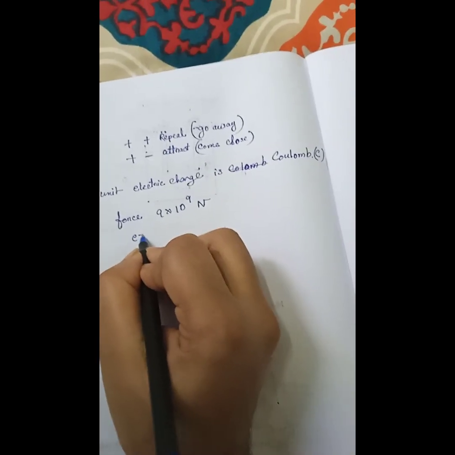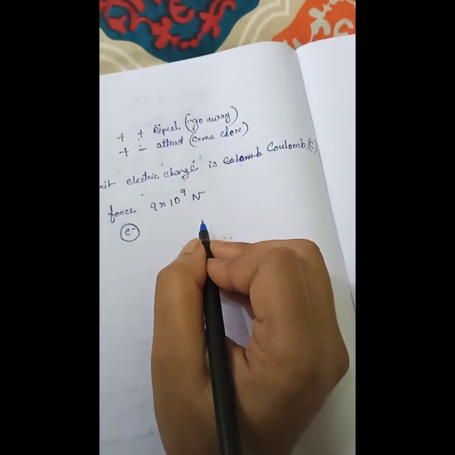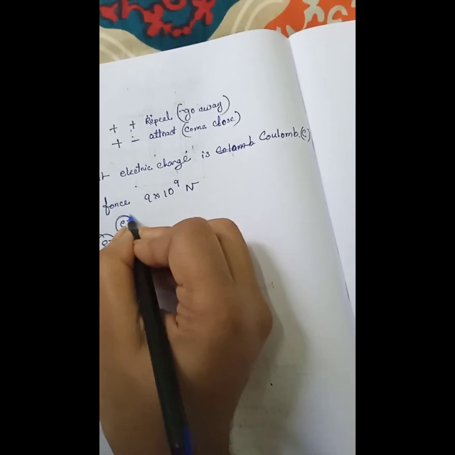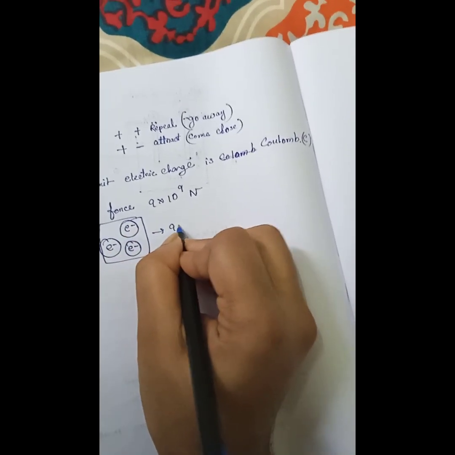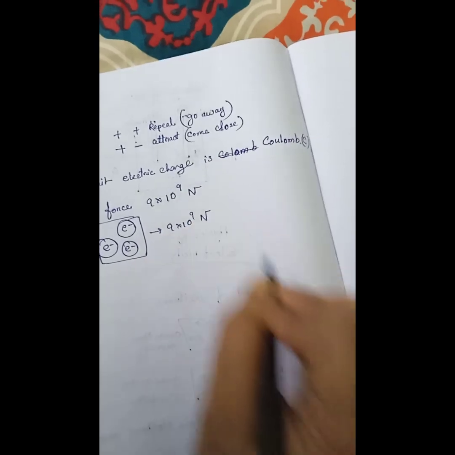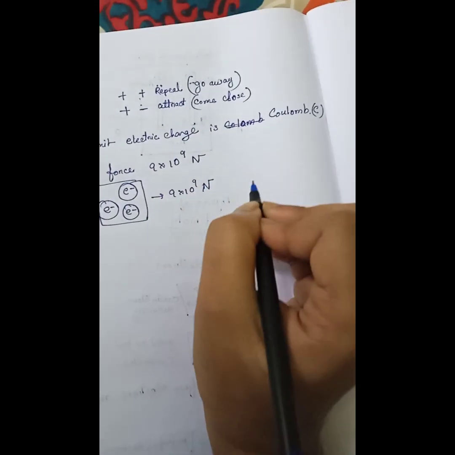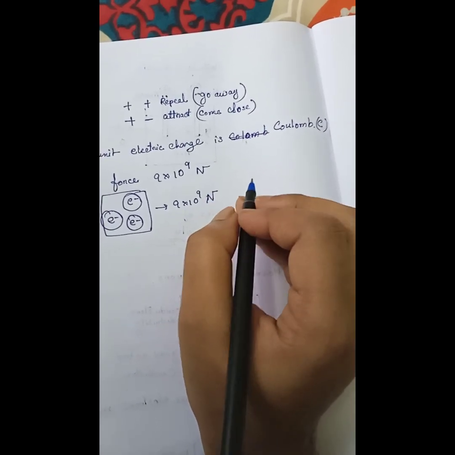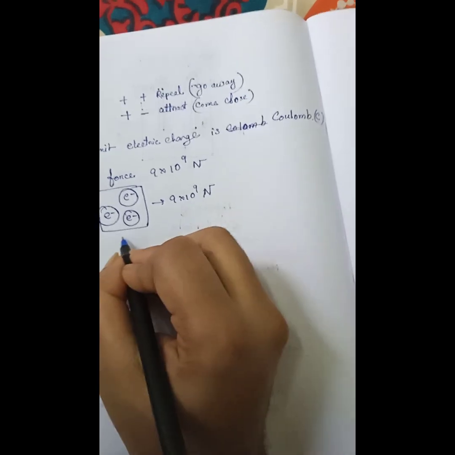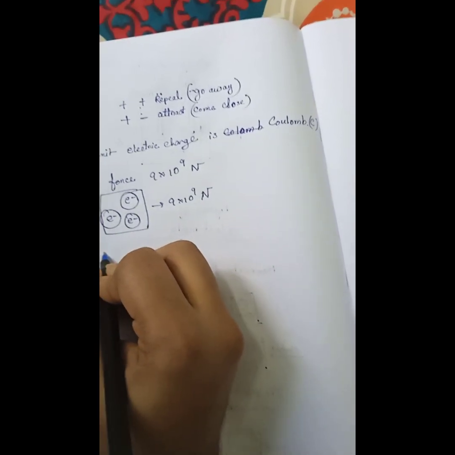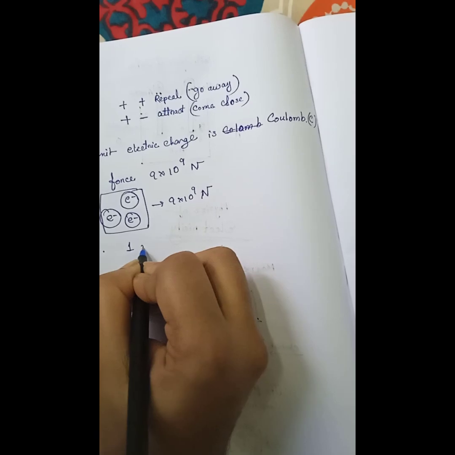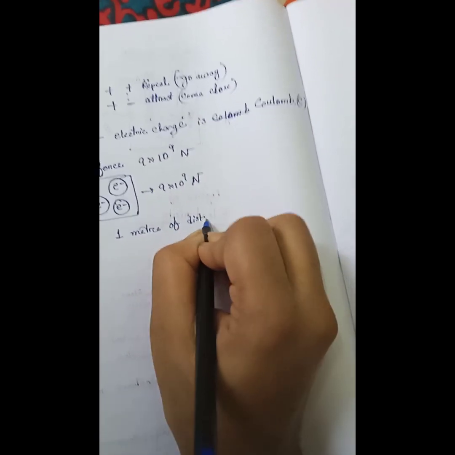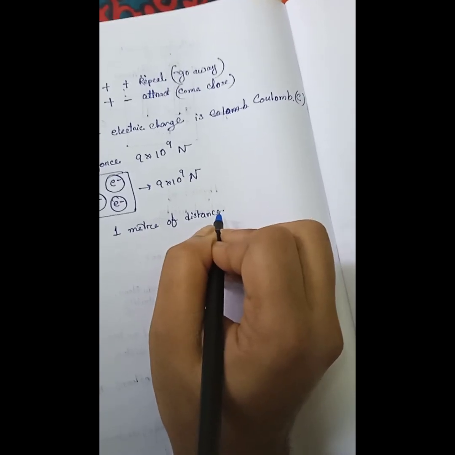We have learnt force in class 9, where we know that force is mass into acceleration, isn't it? So 1 coulomb means many electrons which exert a force of 9 into 10 to the power 9 Newton for movement over a 1 meter distance within the conductor.